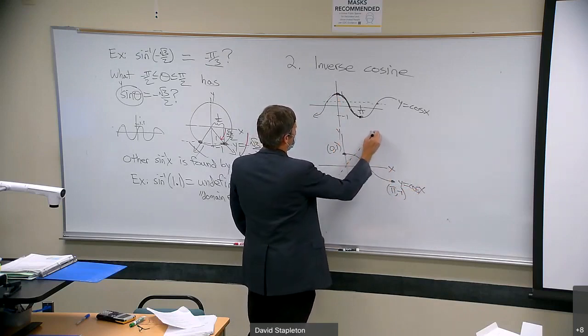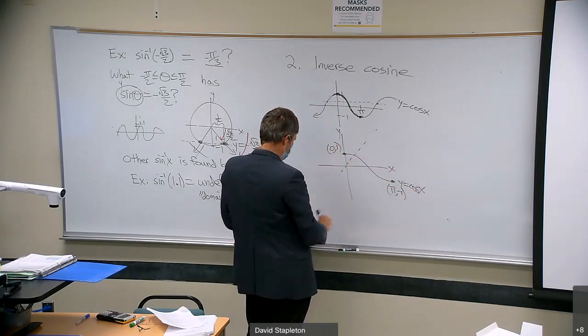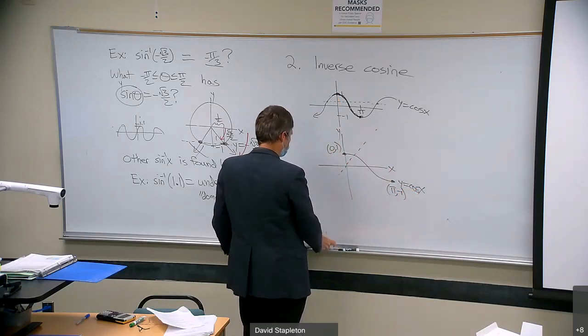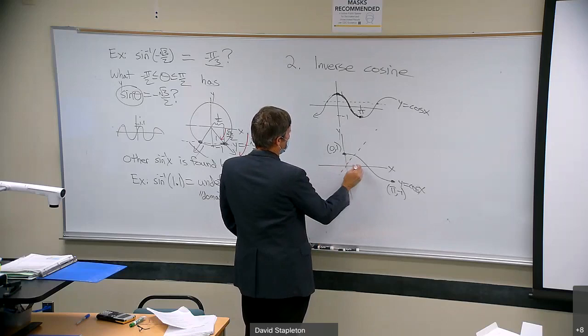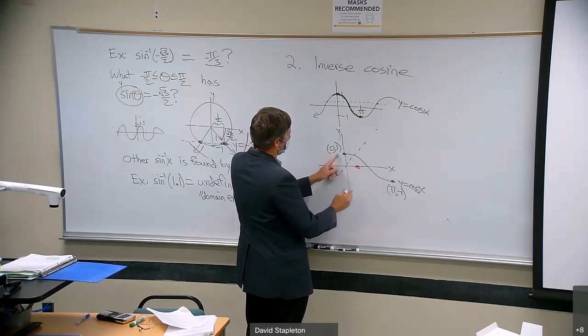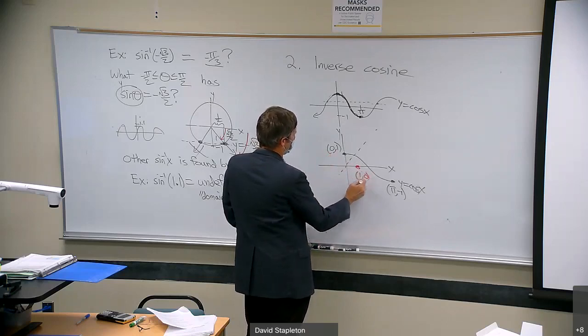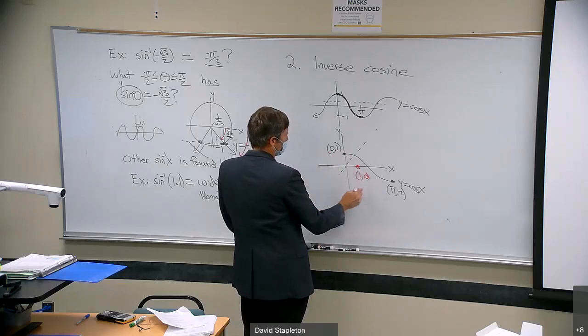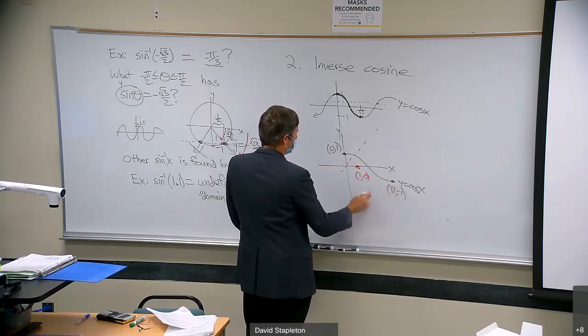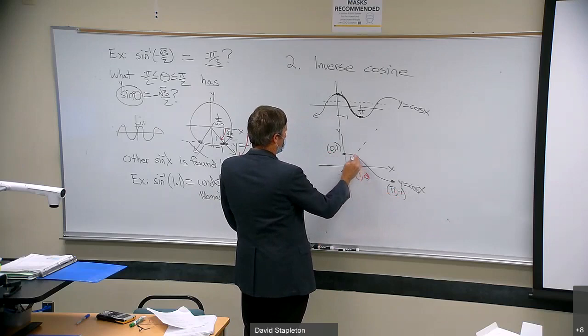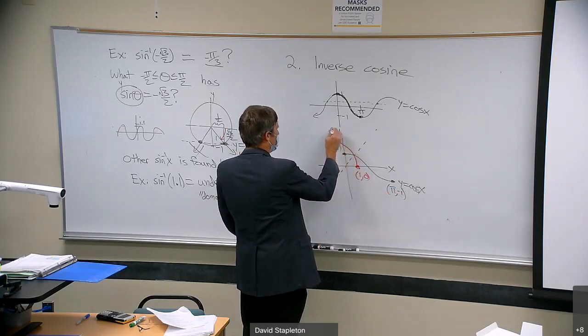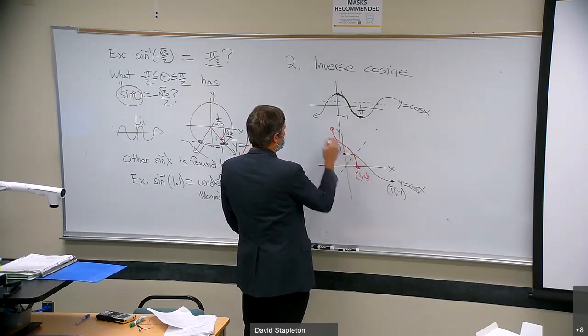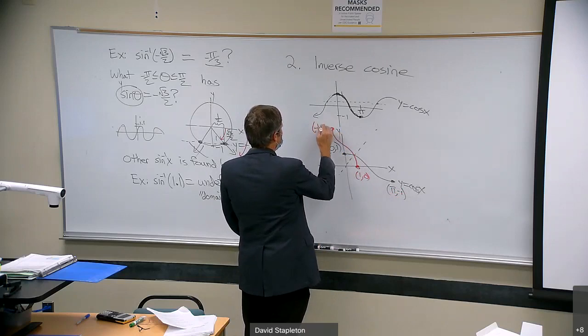You flip it over this line, and now you get this function. Instead of starting at (0, 1), it starts at (1, 0), because you just interchanged x and y. And this goes up like this, and this one in reverse gives you (-1, pi) here.